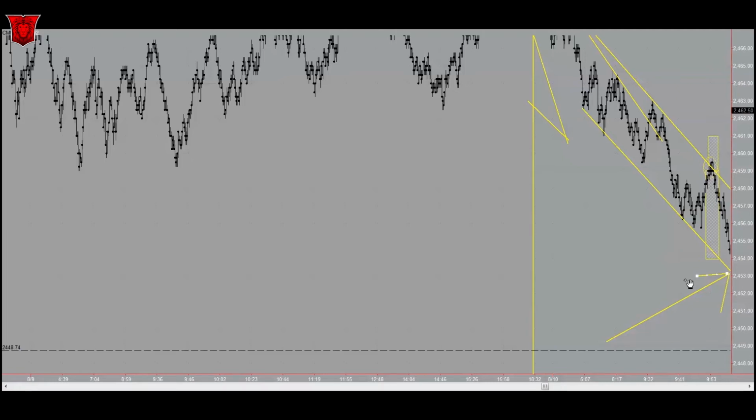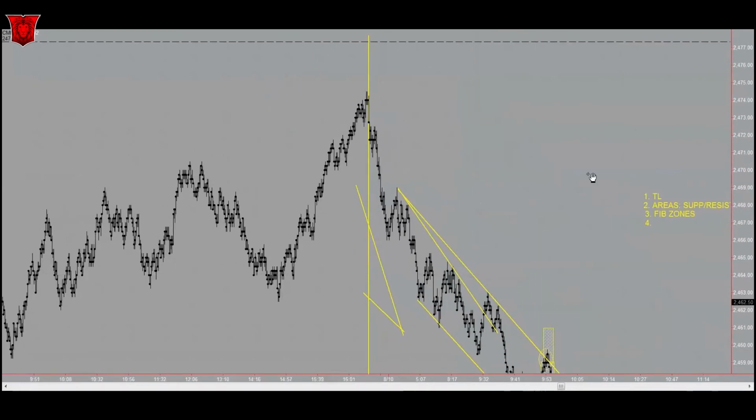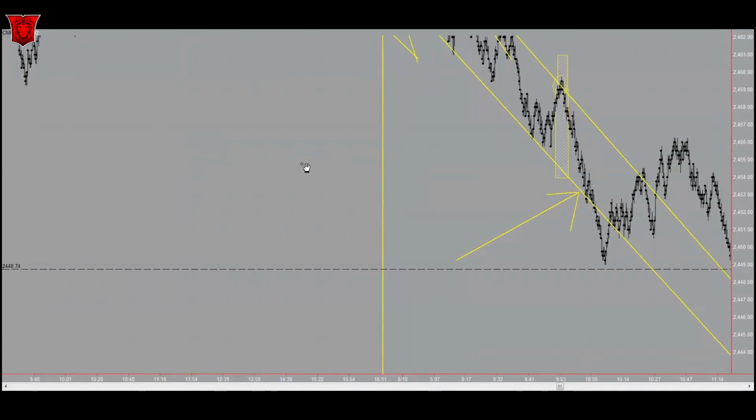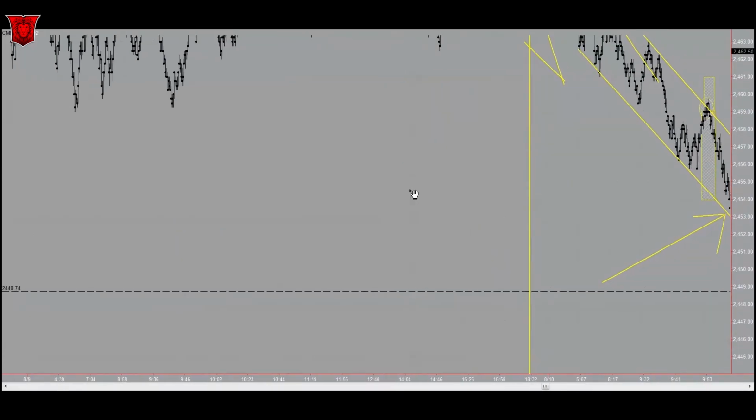It's very important to understand that traders lose. It's a lot easier to lose than to win. So we have to make sure that we put ourselves in the best situation possible with this, right? Win more than we lose, winners higher than losers, and obviously trade with higher probability to make sure that we have the best opportunity to win.